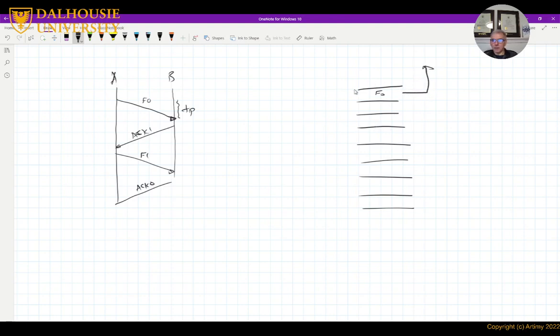So this is the data link layer. It is the layer responsible for doing all of these error detection and windows and all of that. F0 is received correctly. As soon as it's received correctly, it's sent to the upper layers.